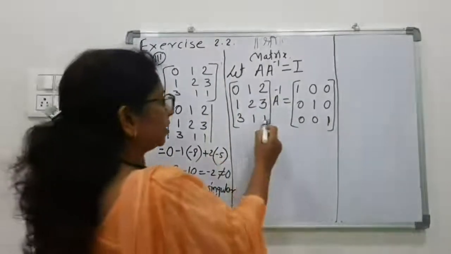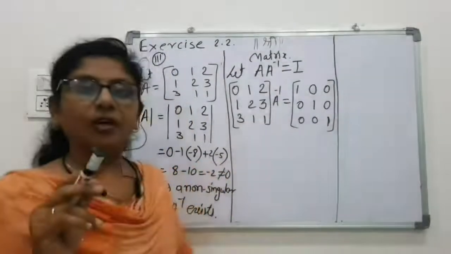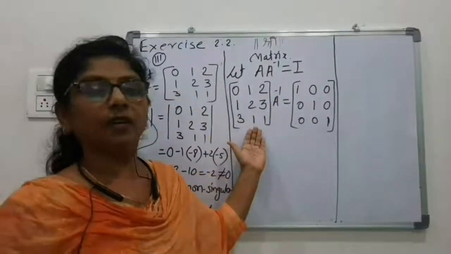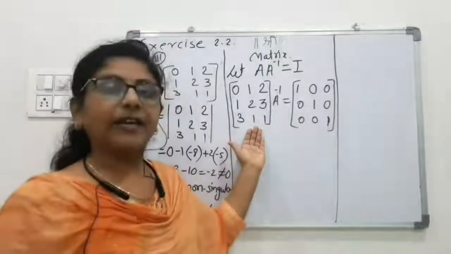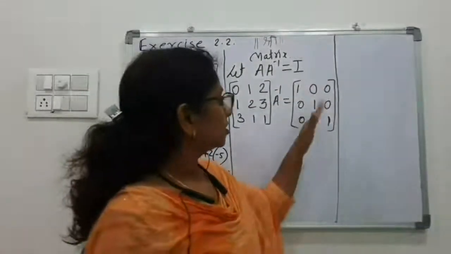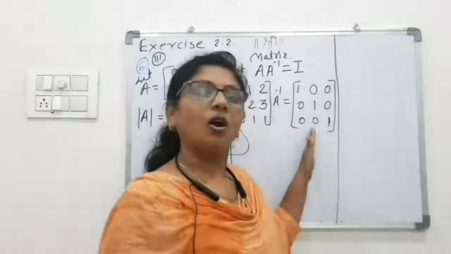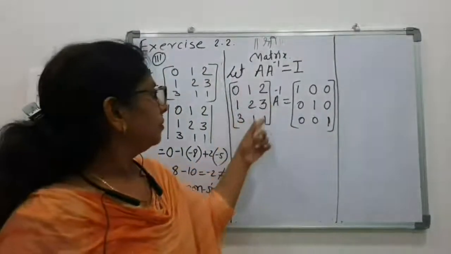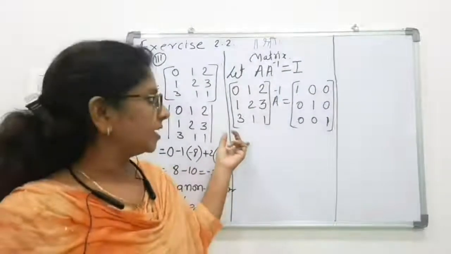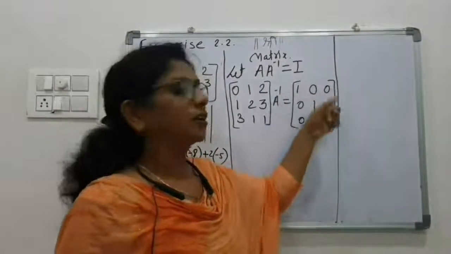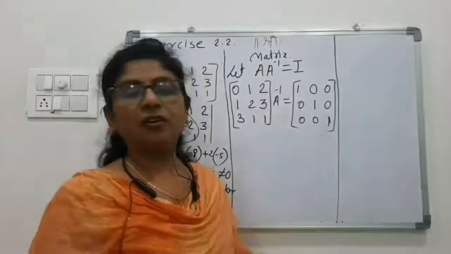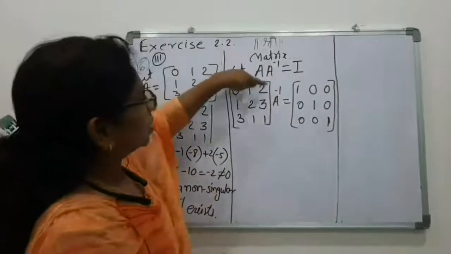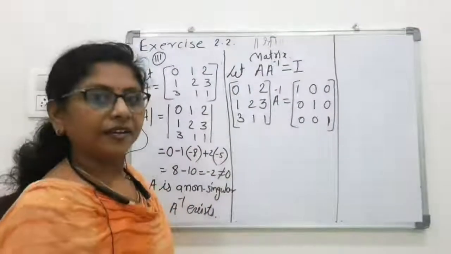We have to convert this matrix into an identity matrix, and whatever transformations we apply on this matrix, the same transformations we apply on the identity matrix. So in the last step, this will become an identity matrix, and whatever matrix comes here will be the inverse of A. So our aim is to convert this matrix into an identity matrix.